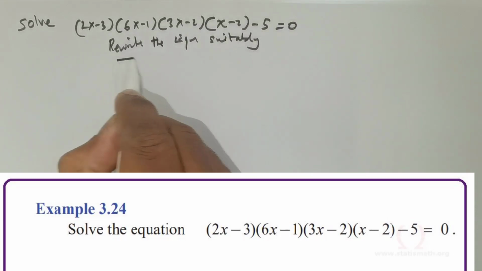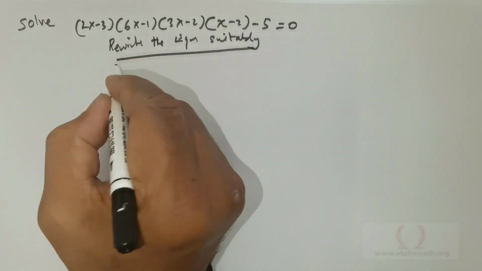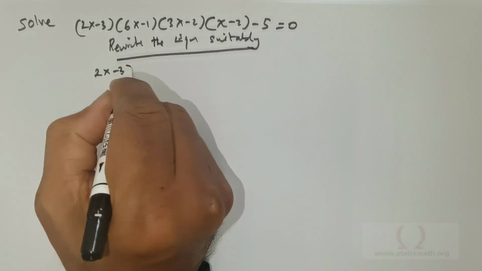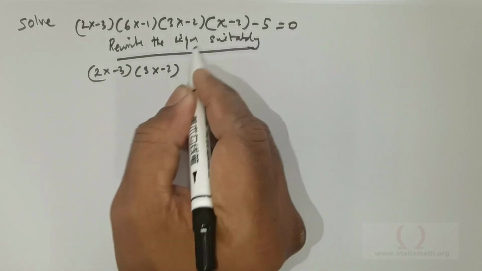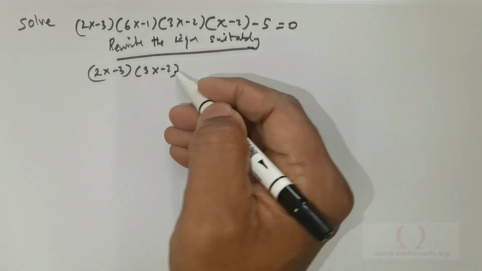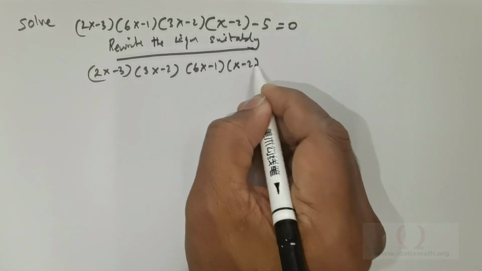That would help you to solve this question. So in this case, I'm going to start off by writing (2x − 3) followed by (3x − 2). So the first term with the third term, the second term with the last term.